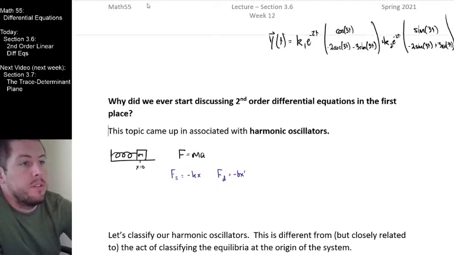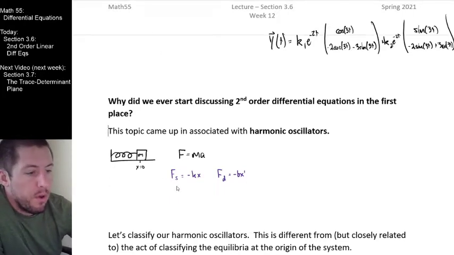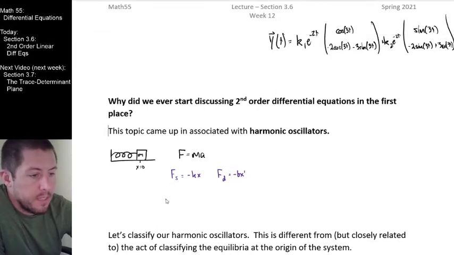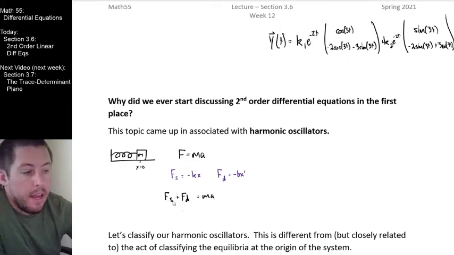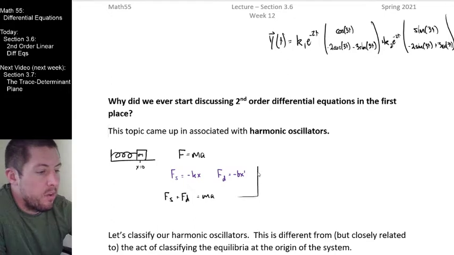So combining these two statements, we have that Fs plus Fd equals ma. And then we said, I know how to rewrite all of these things in terms of their physics definitions.